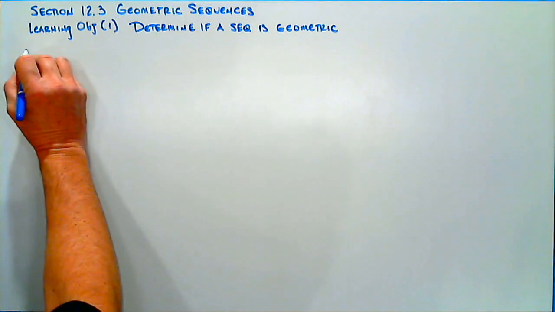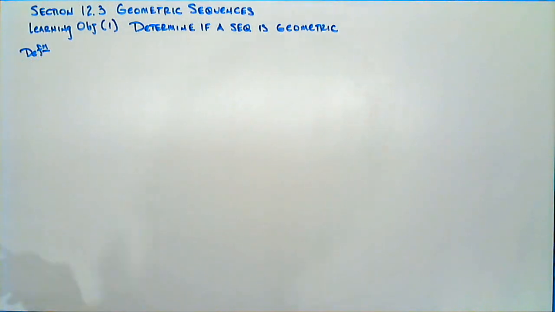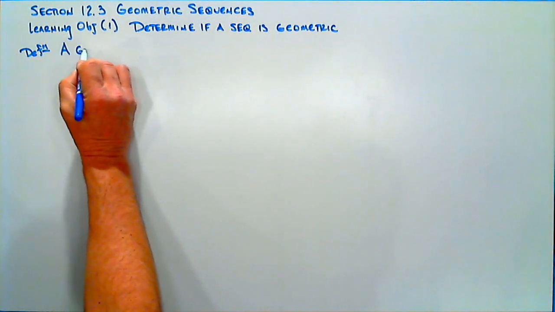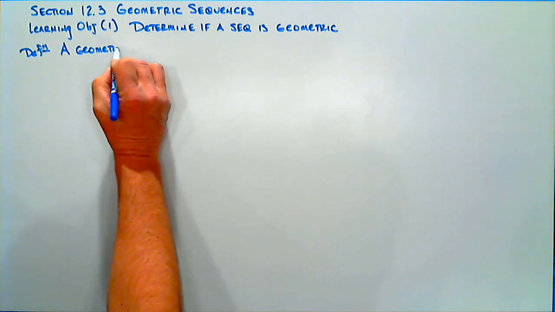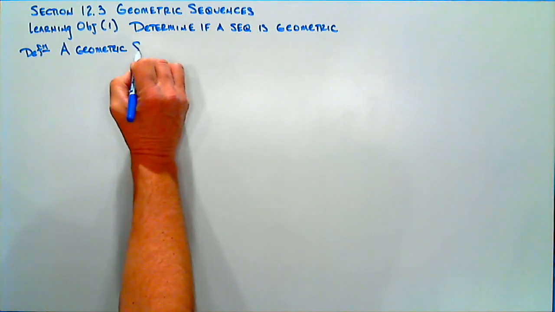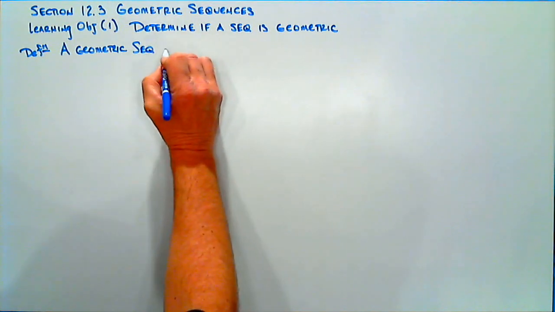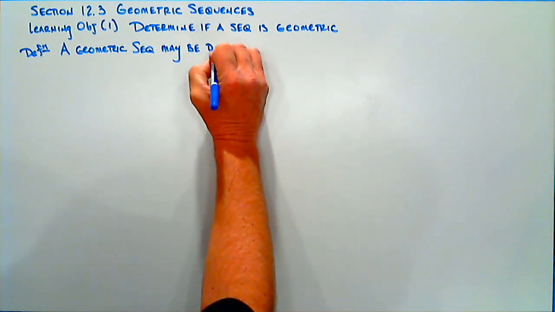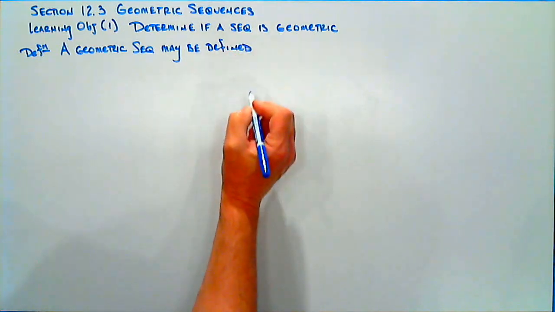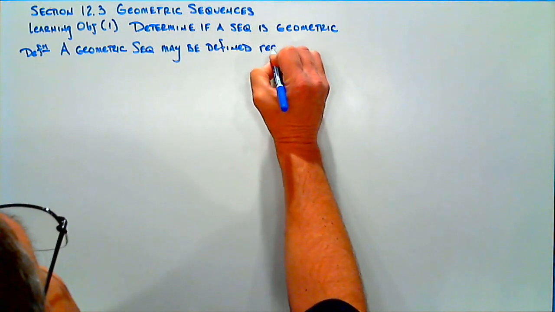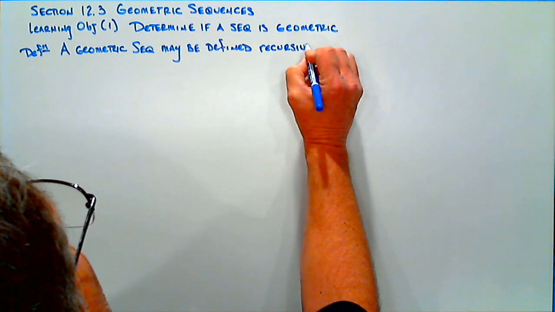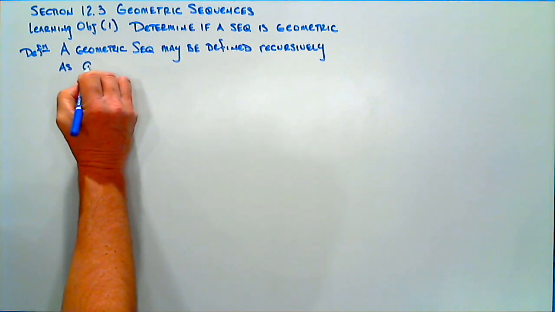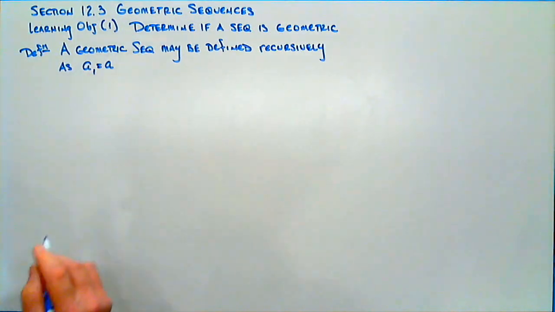We're going to begin with the definition. That's exactly what we did with the arithmetic sequences. We began with the definition. So it says a geometric sequence may be defined recursively, just like before, as, and it begins very similarly to our arithmetic sequence.